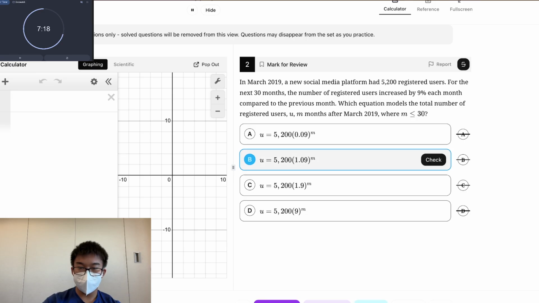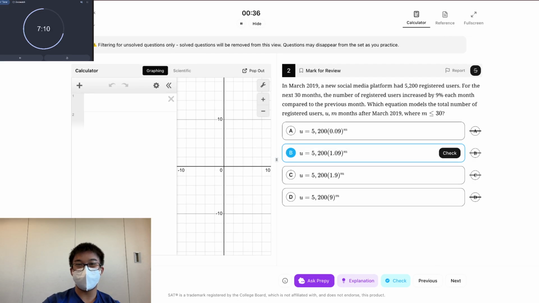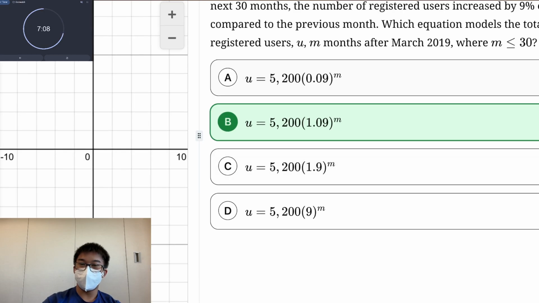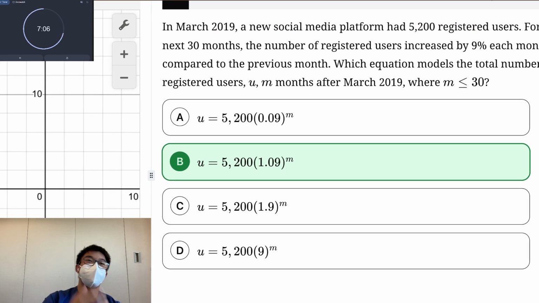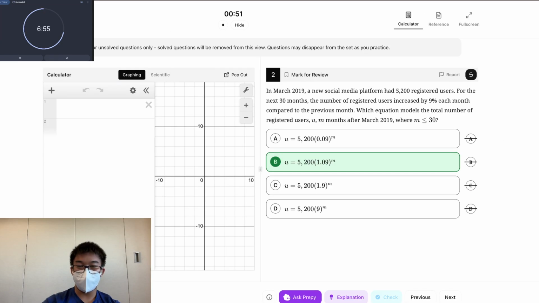So it's increased, so it has to be positive, obviously. This probably looks right, to be honest, because this is 1.90. Yeah, okay, I see how it's medium now. You guys should know how to convert decimals into percentages, obviously. That is 9%. This is 109%. This is 190%, and this is like 900%. So yeah, I'm sure you guys got it.